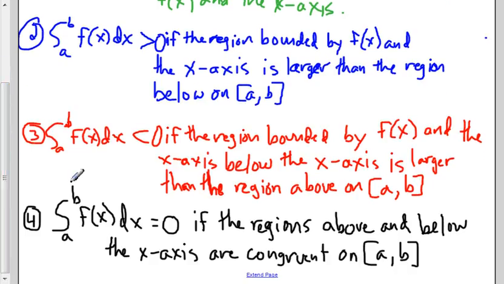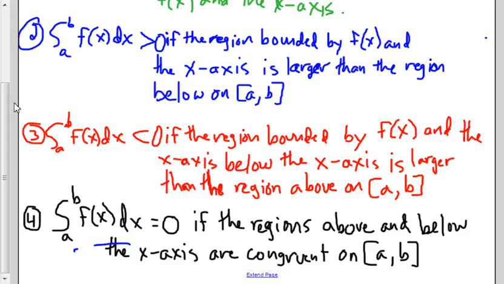The integral from a to b of f of x dx is less than 0 if the region bounded by f of x and the x-axis below the x-axis is larger than the region above on the closed interval from a to b. And lastly, the integral from a to b of f of x dx is equal to 0 if the regions above and below are congruent on the closed interval.